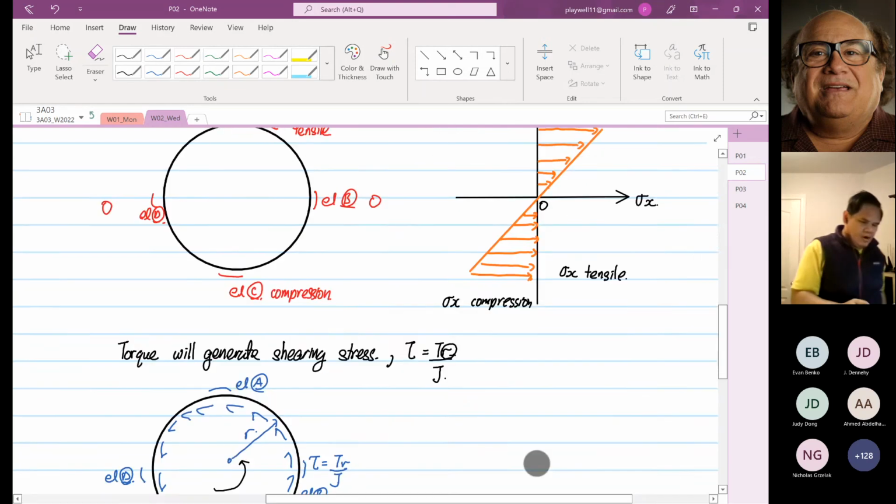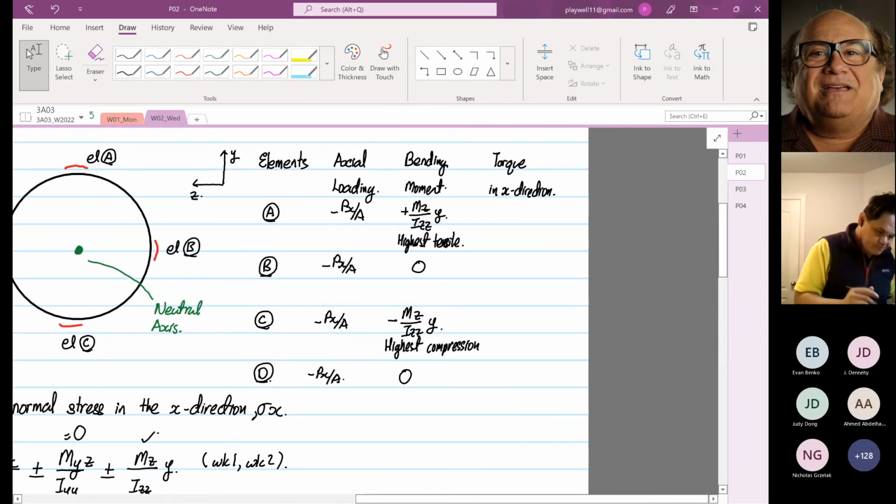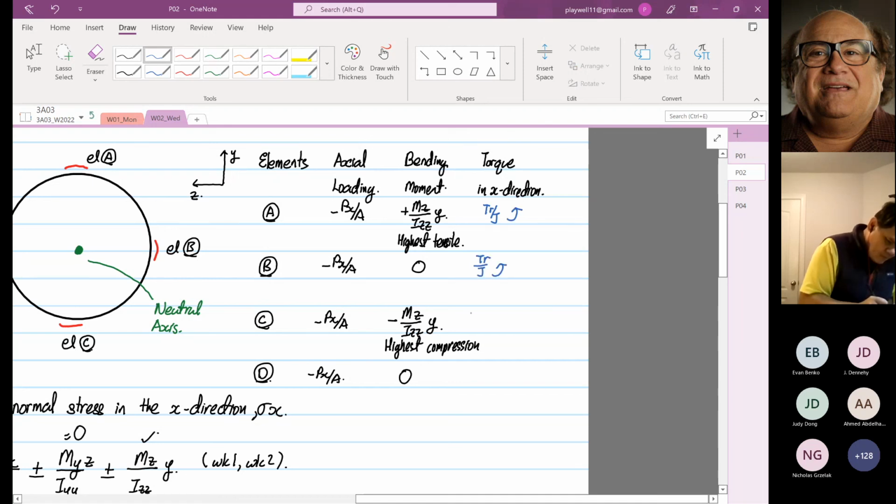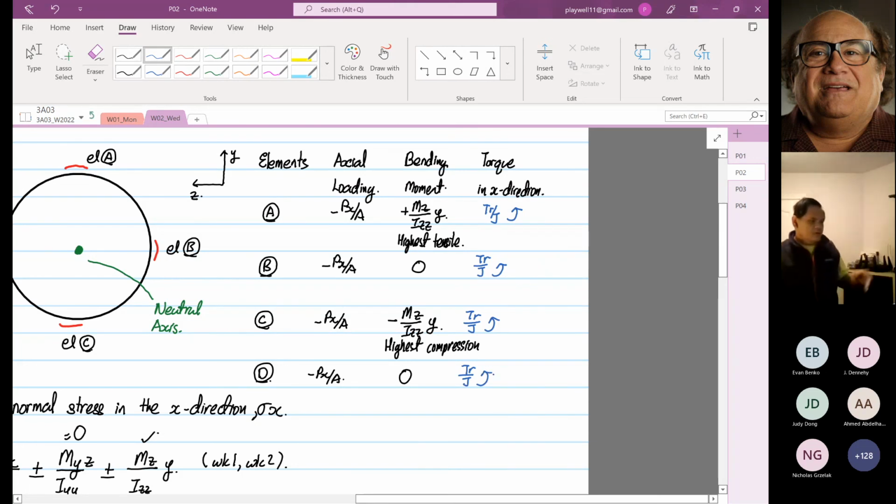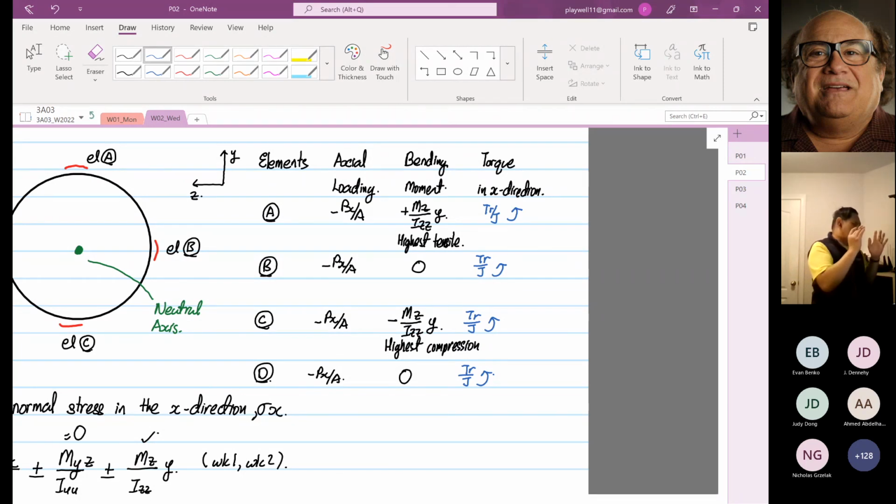Based on shear, all of them will be having TR over J, going in this direction. So in terms of shear due to the torque, it's all constant.